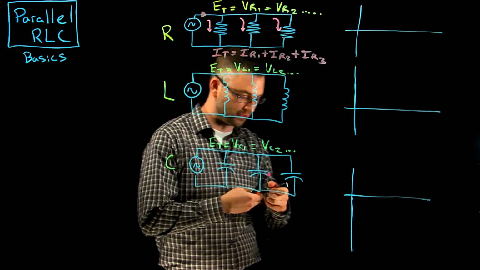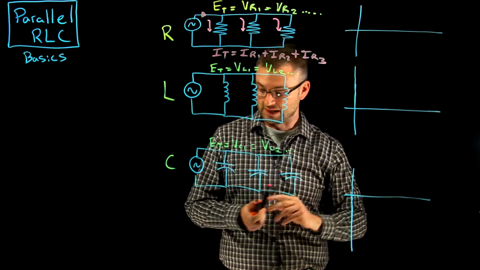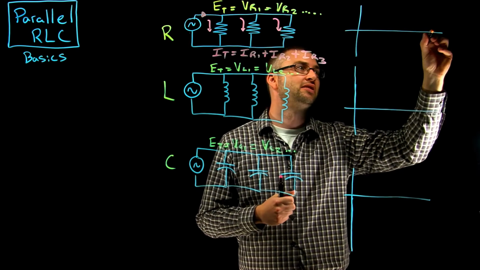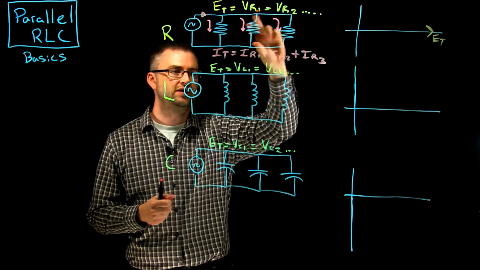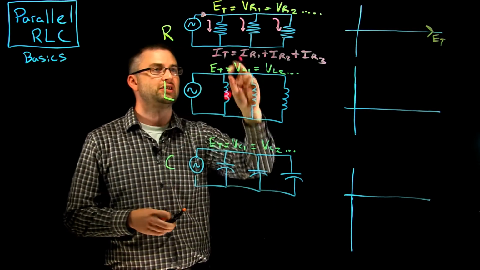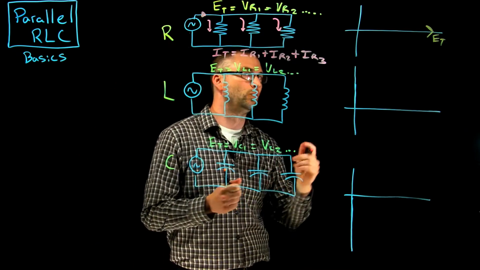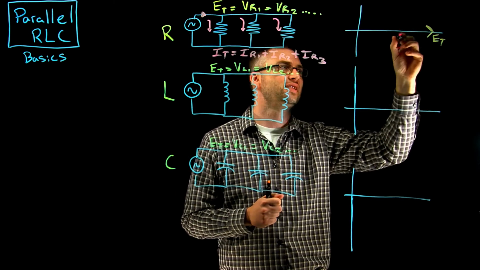So I'm going to plot out the two values we want to be looking at. My voltage, my E total, is going to be my reference. Voltage is constant across each component, so we might as well make voltage the reference. Then when I plot out the currents on my phasor diagram, we know that the current is in phase with the voltage in a resistive circuit.